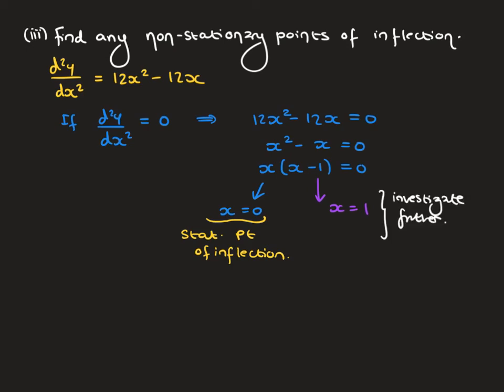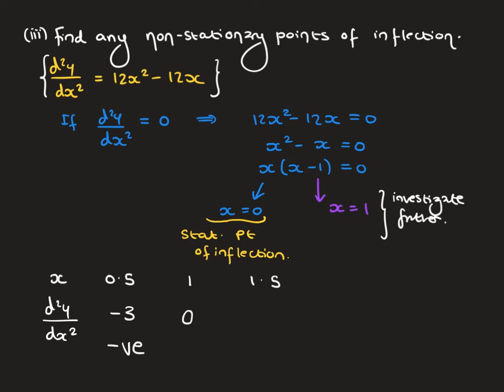So let's check either side of x equals 1 as to what the second derivative is. So x equals 1, the second derivative we know is 0, because we found it from solving d2y by dx squared equals 0. The other two values you need to sub into d2y by dx squared using your calculator, and you will find that at 0.5 the second derivative is equal to negative 3, so it's negative.